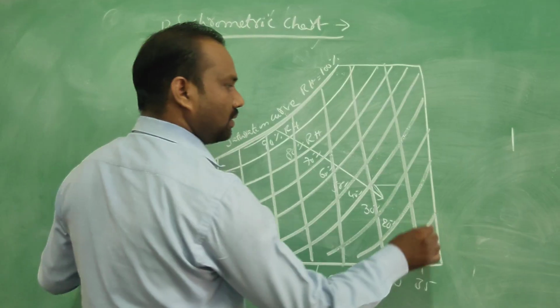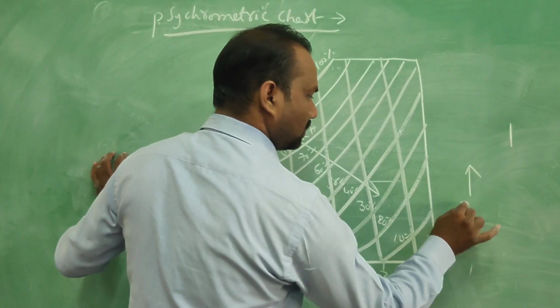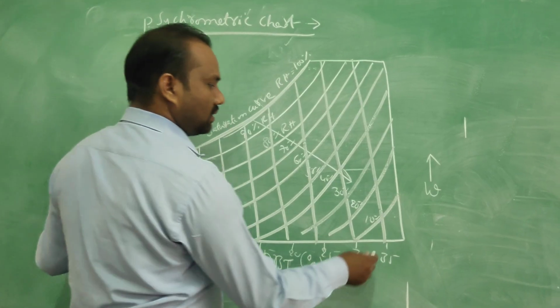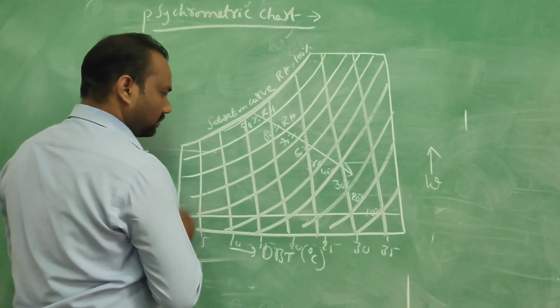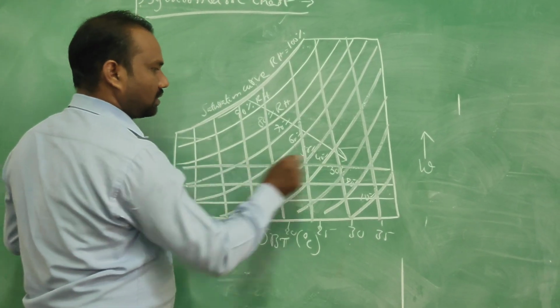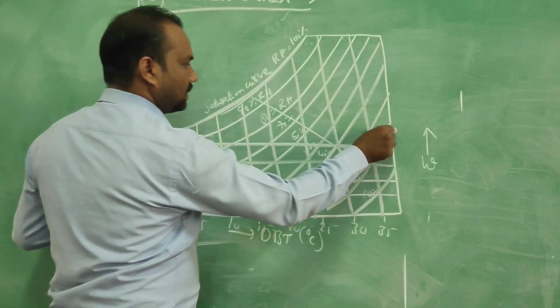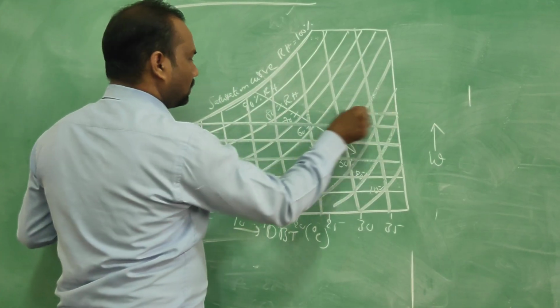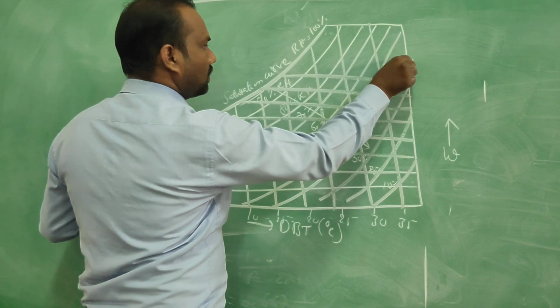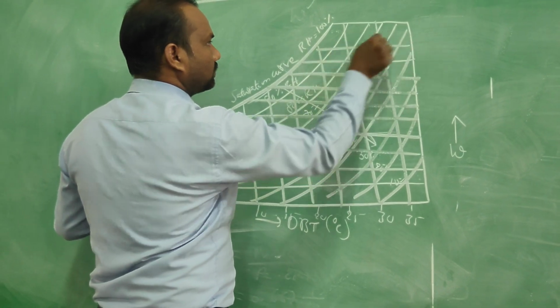Then on the y-axis, these values are called specific humidity lines, and these lines are horizontal in nature. If you draw any horizontal line on the psychrometric chart, it indicates constant specific humidity values or humidity ratio values.